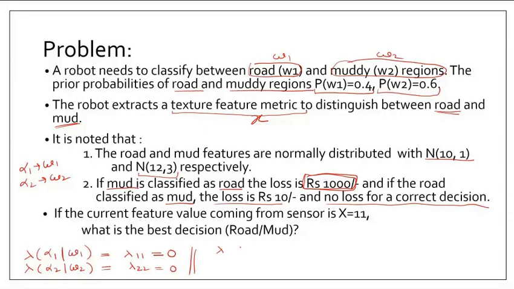Now there is the other term, lambda of alpha 1 given omega 2. So I am taking a decision as road when the true state is mud. So that is costing me 1000 rupees. Okay. Then there is the other case when I decide alpha 2, that is mud when it is road.